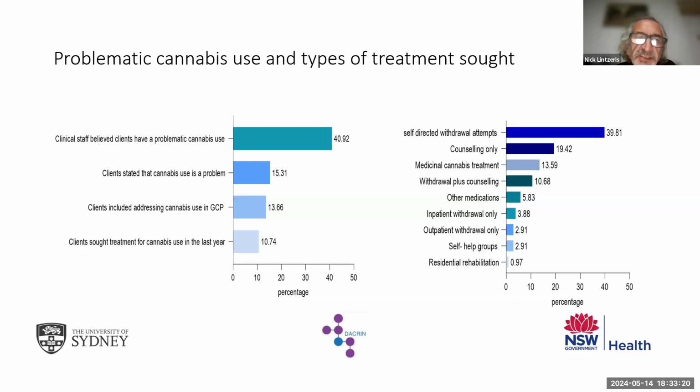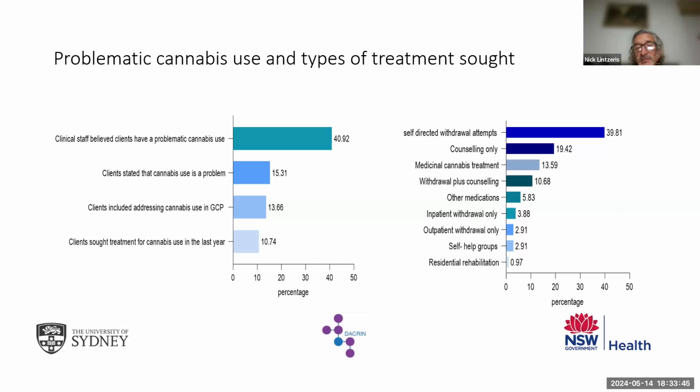When we ask the clinicians, what proportion of clients do you think have got a problem with their cannabis use? It was around 40%. We asked the clinicians, what proportion of clients have said to you that they've got a problem? And it goes down to 15%. What proportion of clients wanted to do something about their cannabis, it's even lower.